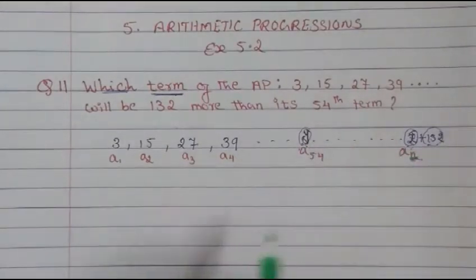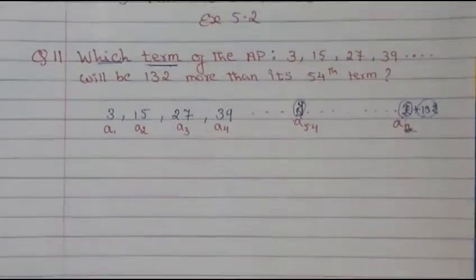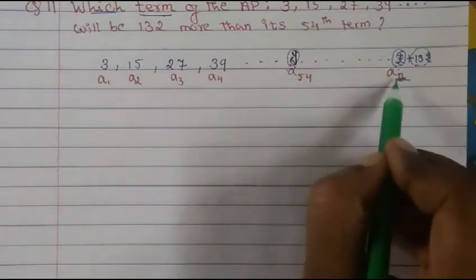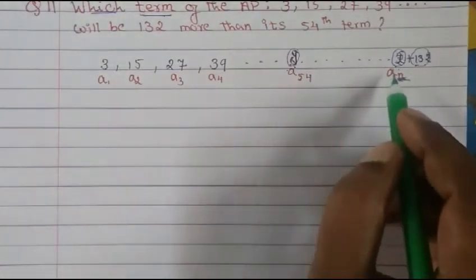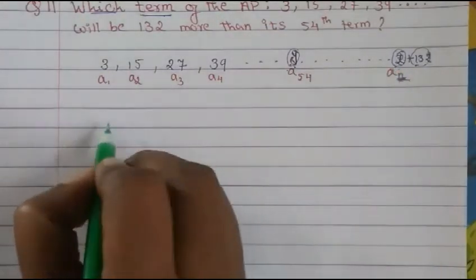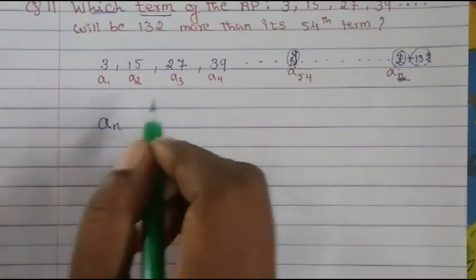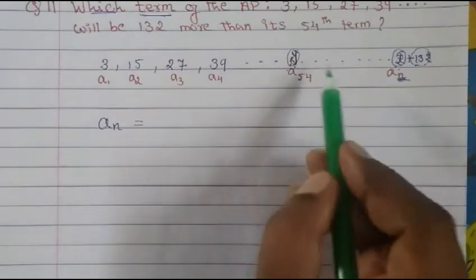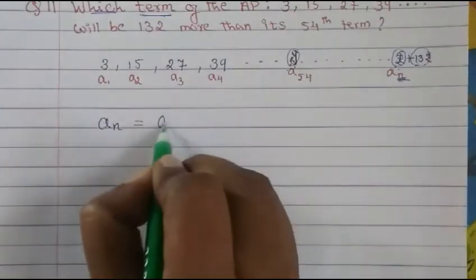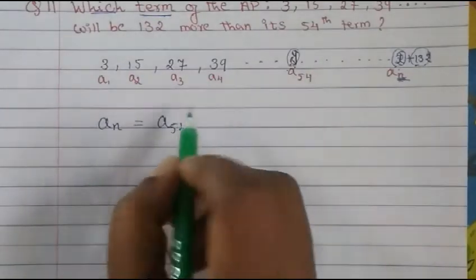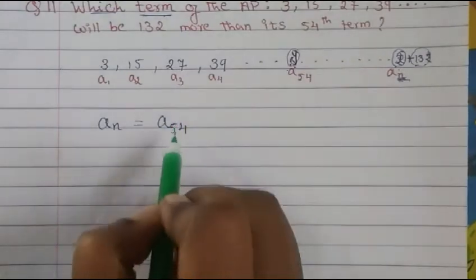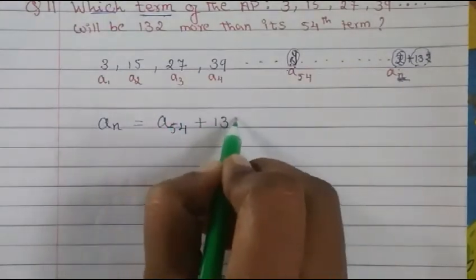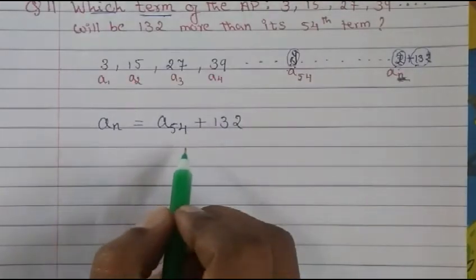So let's try to put it properly. We can write it like this. So this is AN. Let's write down AN. This AN will be whatever the 54th term is, plus 132 more.